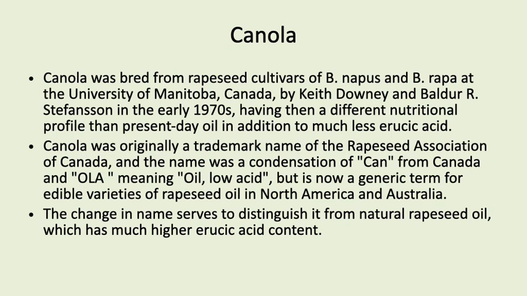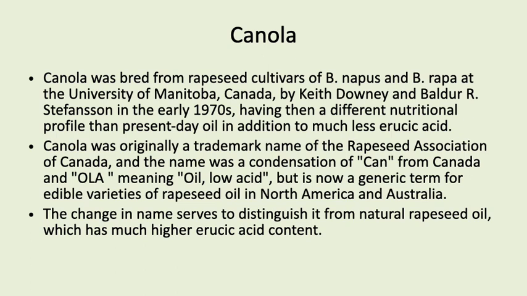Canola was bred from rapeseed cultivars of Brassica napus and Brassica rapa at the University of Manitoba, Canada by Keith Downey and Baldur R. Stefansson in the early 1970s, having then a different nutritional profile than present day oil, in addition to much less erucic acid.